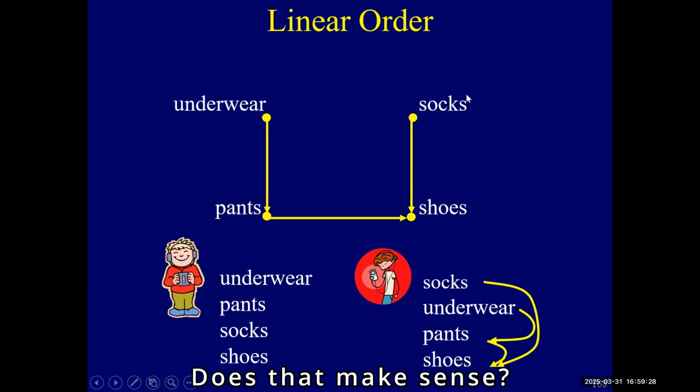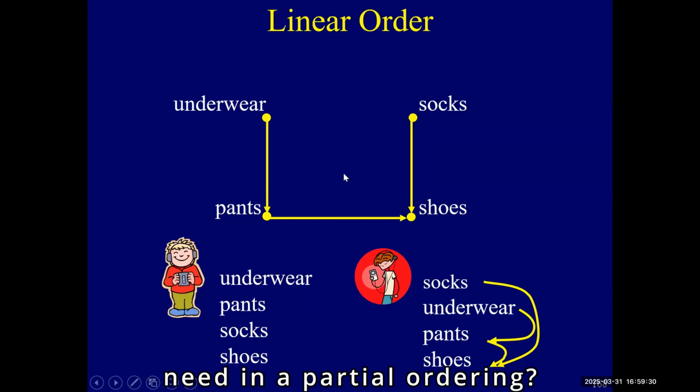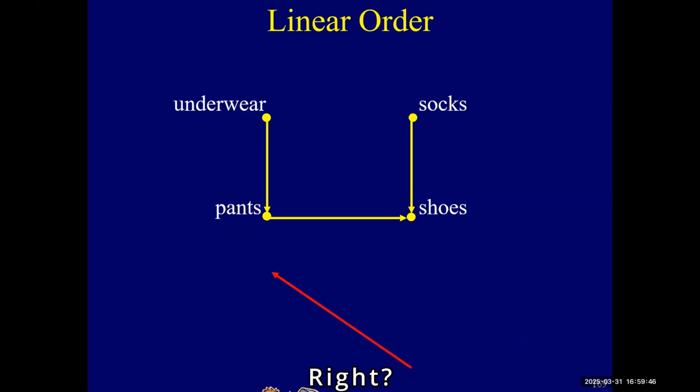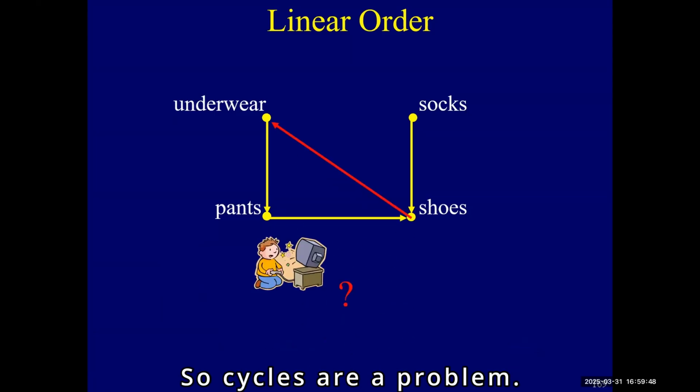Does that make sense? And what do you need in a partial ordering? You need it to be a DAG. What's a DAG? It's a directed acyclic graph. Why can't you have cycles? Because if you have cycles, you don't know where to start. Everybody get the problem? So cycles are a problem.